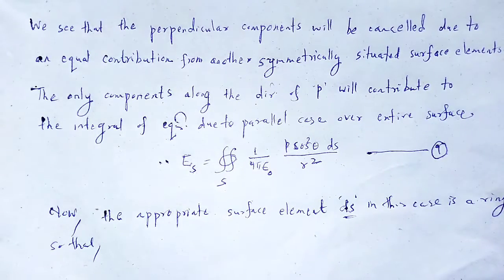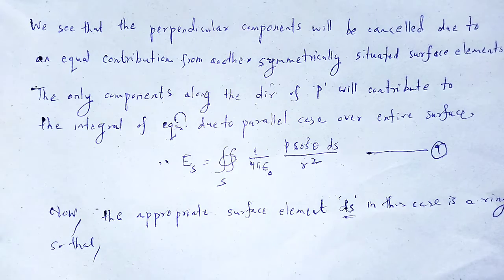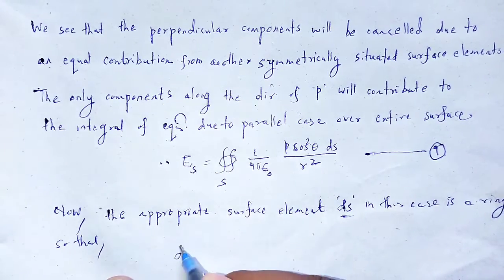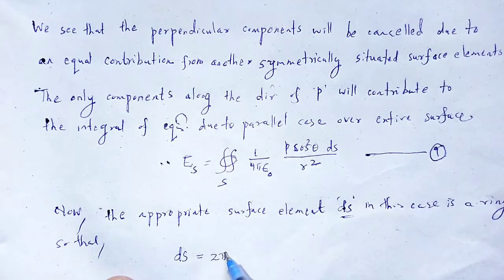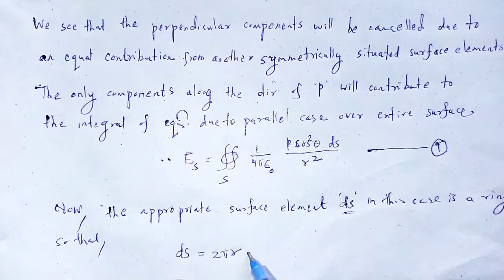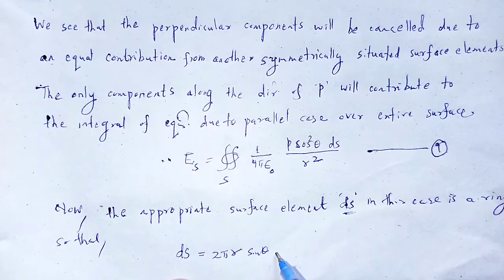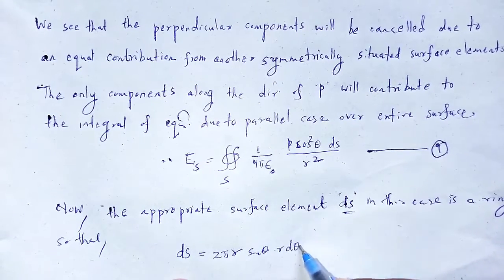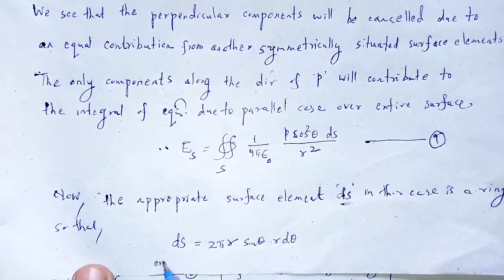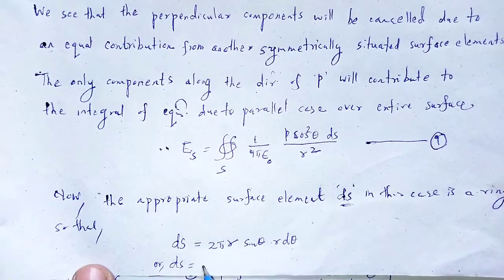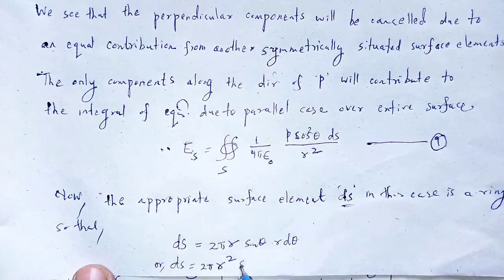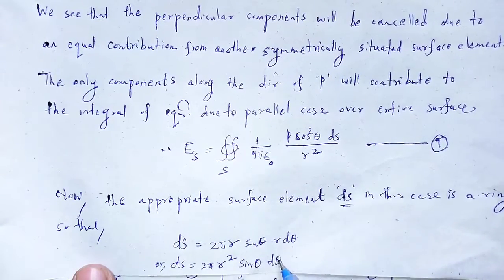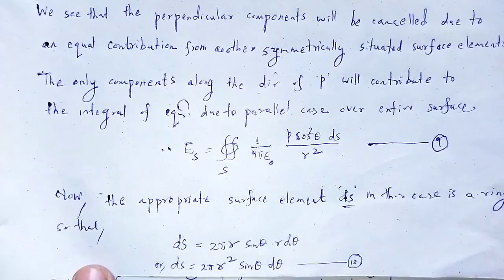The surface dS is equal to 2 pi r sin theta into r d theta, or dS is equal to 2 pi r square sin theta d theta. Equation number 10.